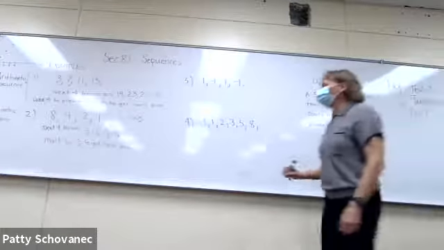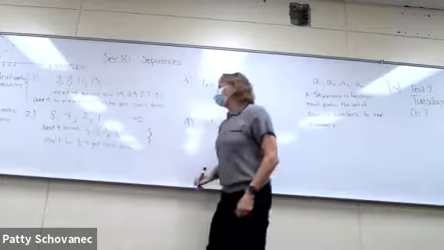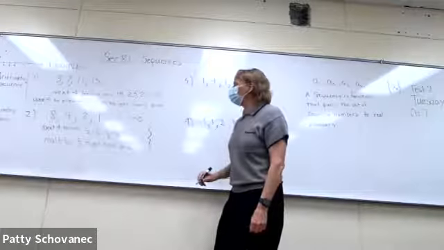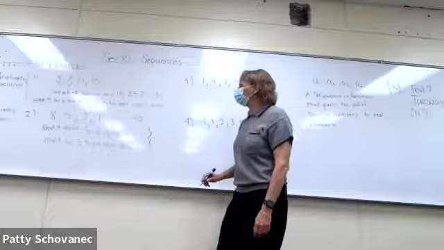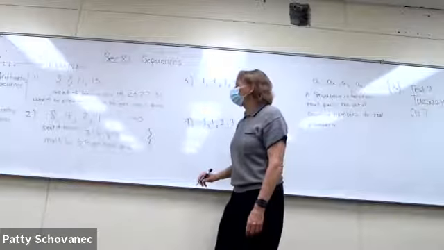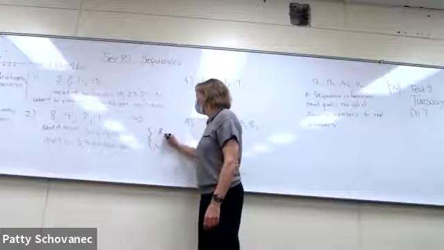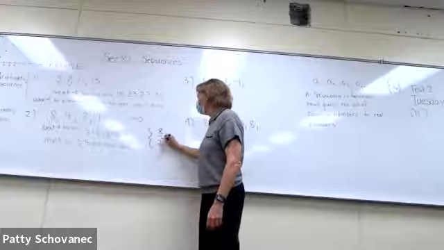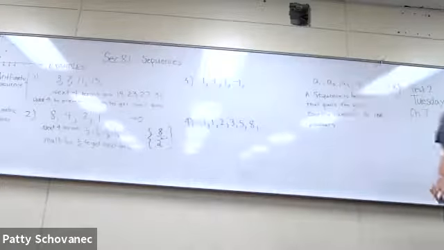I can probably describe this sequence in terms of a general formula. These are all looking like powers of 2 or dividing by powers of 2. So how about I write this like, say n is a set of counting numbers.